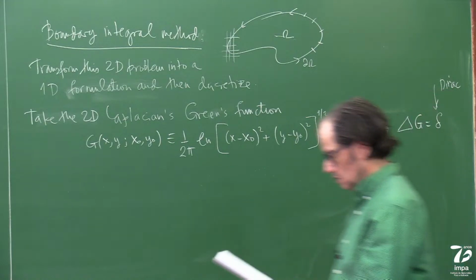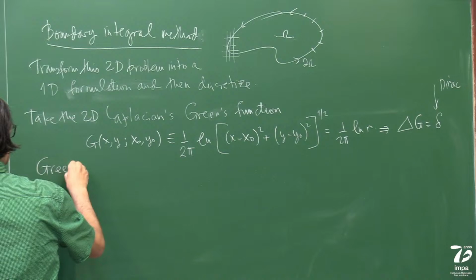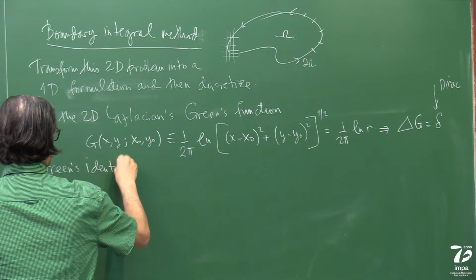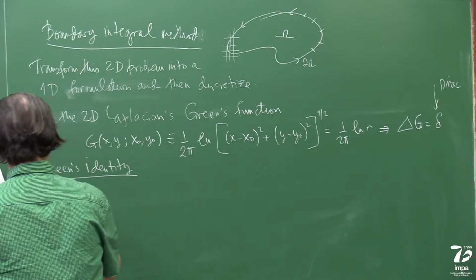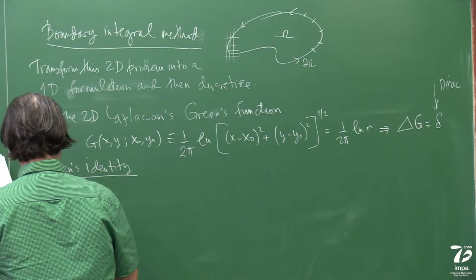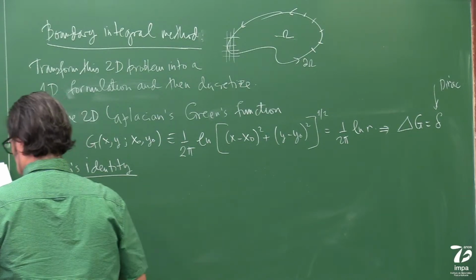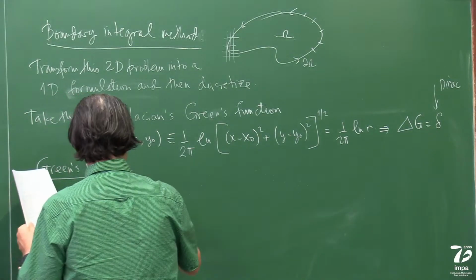Okay, so Green's identity gives us the following. We have this. So this is basically integration by parts, right? We see this in more detail. It's very straightforward, not difficult, using divergence theorem and so on.